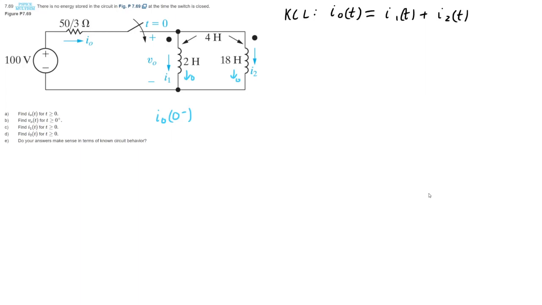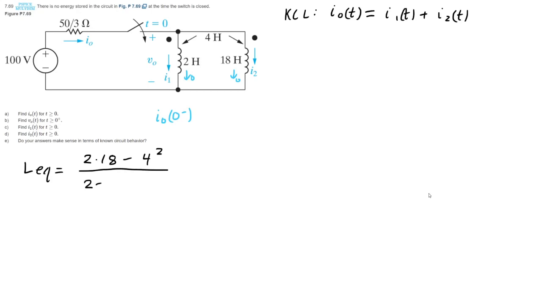Now, we've got 2 inductors in parallel again, so we can use our parallel inductance equation with one minor change. L equivalent is going to be L1, which is 2, times L2, which is 18, minus m squared, which is 4 in this case.